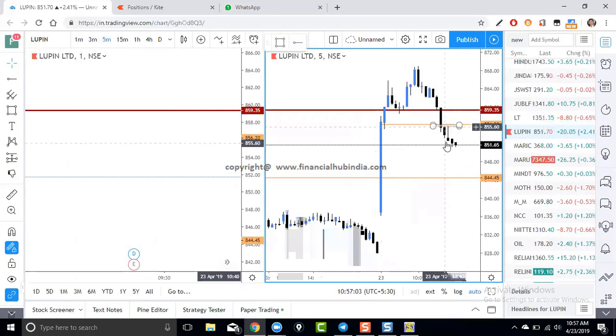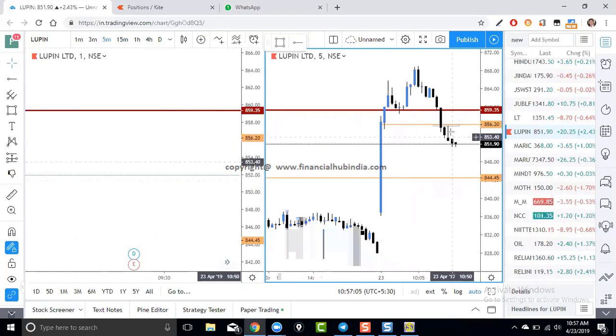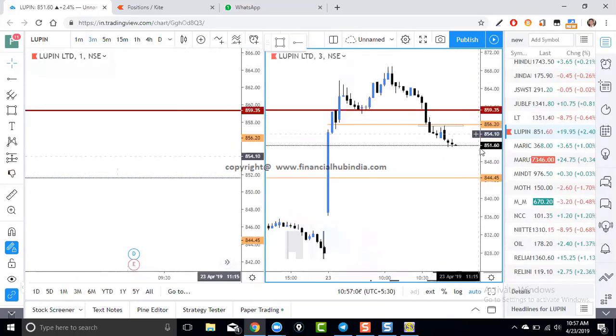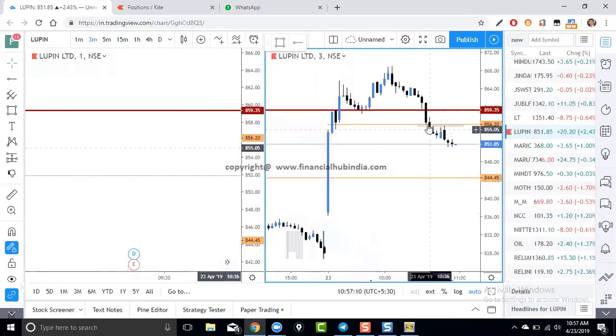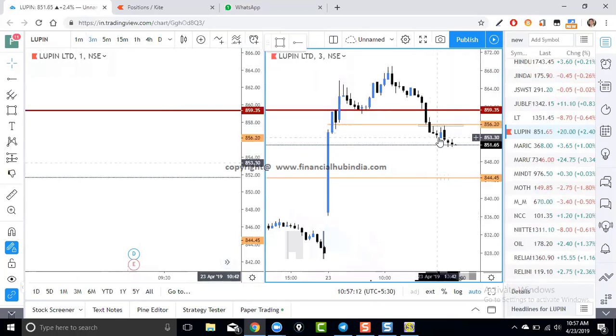This is how it looks in 5 minute and 3 minute. You don't see much swings. And the swing point where we went short was the first swing we caught in the 3 minute time frame.